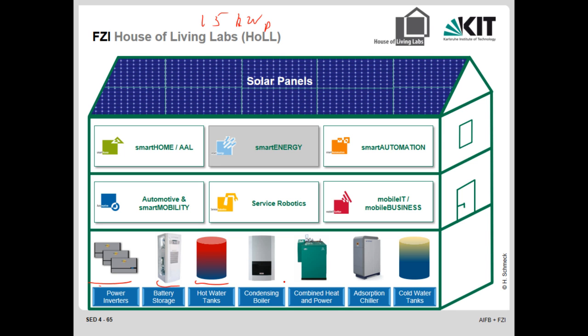We have hot water tanks. We have a combined heat and power plant, which is the same as we have in the KIT Energy Smart Home Lab. So in the Energy Smart Home Lab, it is too large. Here, it is too small. So it is adequately sized for that building.